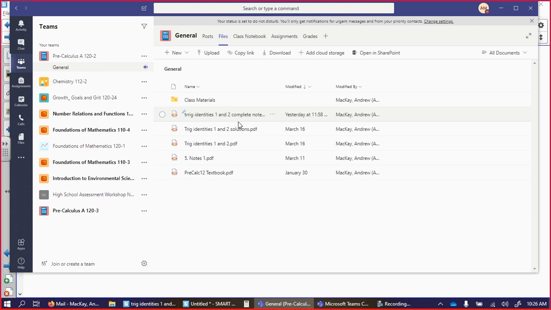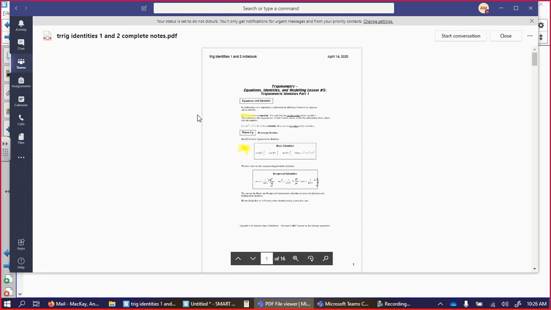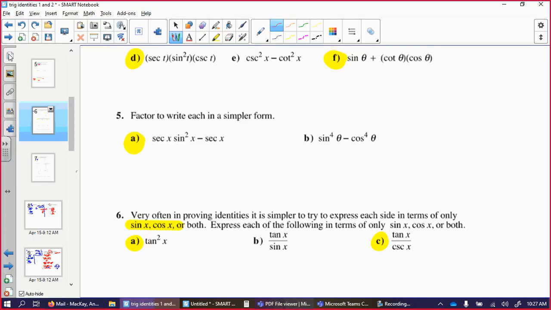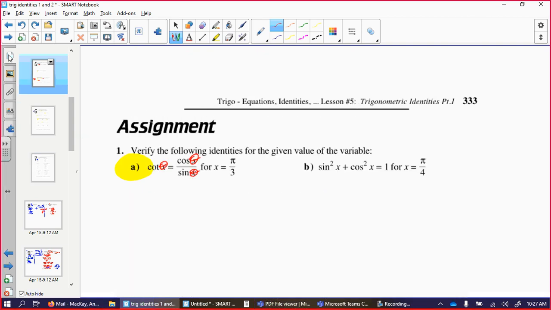Apparently I misspelled trig, but in this completed notes one, I'm pretty sure those questions are highlighted. I don't know what page they're on, and I don't know why it's not scrolling. Don't worry about it. But it's in there. It should be highlighted in there. It's going to be about the 5th and 6th page, I guess.